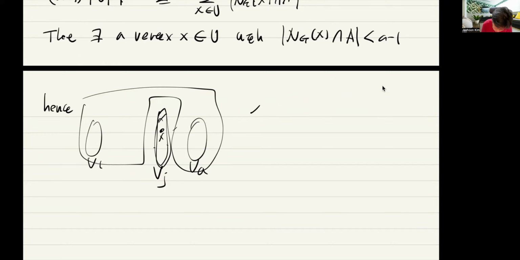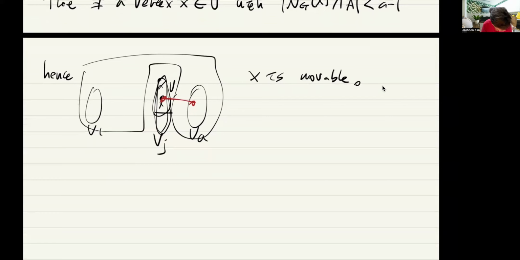So this X is movable. And X is movable and belongs to U, which means that there is a solo edge here. That's the definition of U. So that's as we desired.